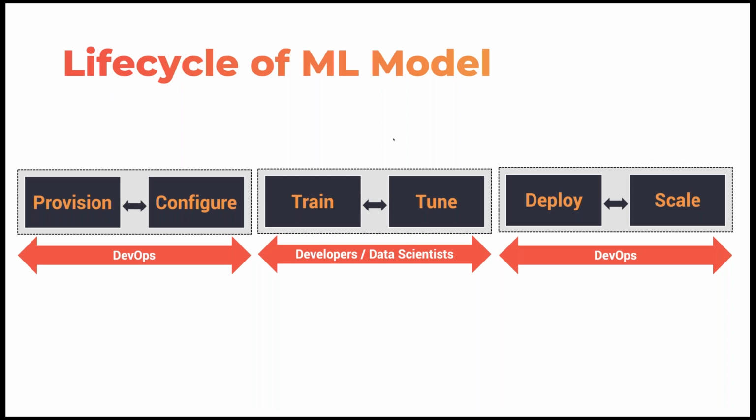Maybe that's an NVIDIA GPU-based VM running a Docker container fully loaded with the data science stack. The developer and the data scientist should be empowered to perform this entire life cycle programmatically, all by themselves, without much dependency or reliance on the DevOps team.